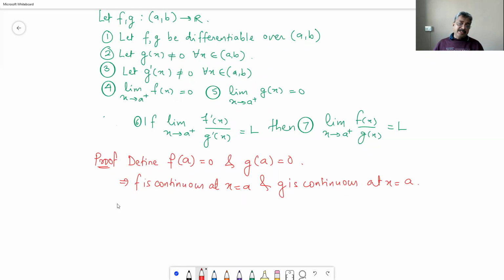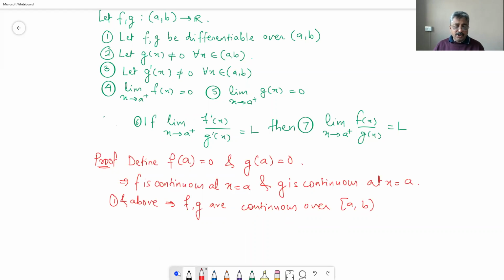So statement 1 and the above two statements imply f comma g are continuous over closed interval a comma b definitely. We are not interested in b because it is far away from a. We are trying to prove this theorem near a, right? So this is one good thing that we have done.